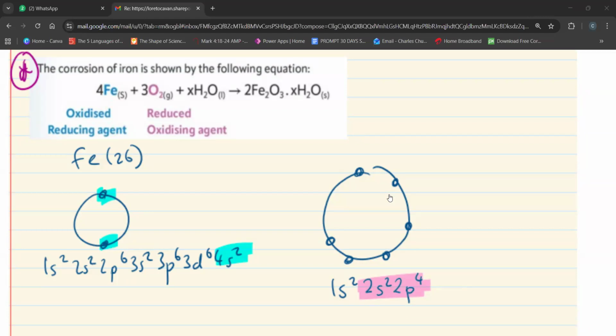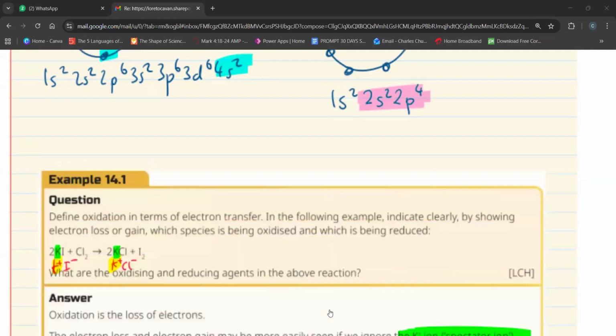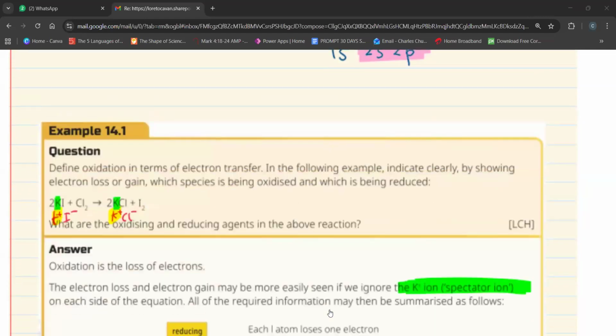So which one would you need an explanation for?